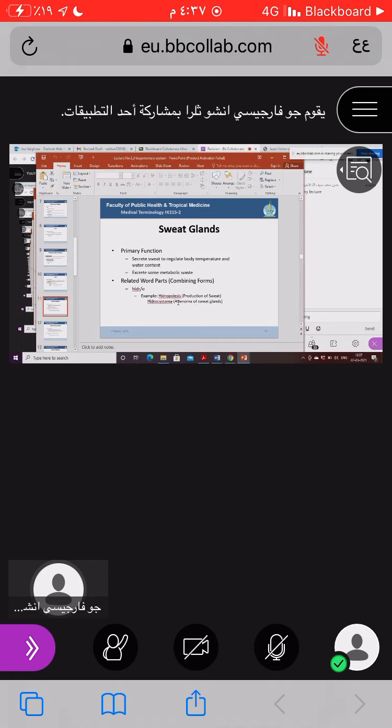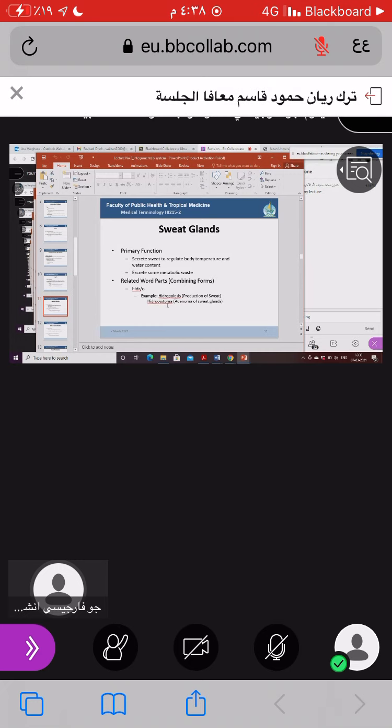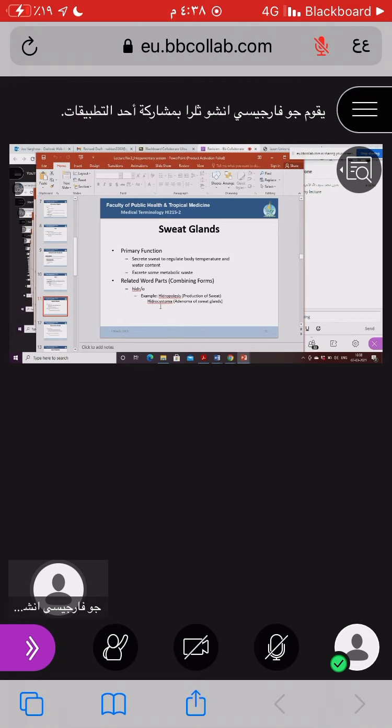Here in brackets it is given as adenoma of the sweat gland. Adenoma basically means a tumor of any gland. But here it is hydrocystoma. The sweat producing gland is also one of the glands, that's why it is written as adenoma. Then sebaceous gland.